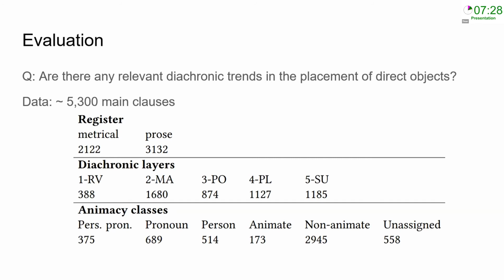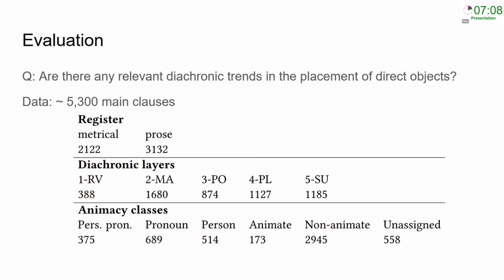So we took the placement of direct objects as one sub-problem from this field, and we assessed what the data from the Vedic treebank can contribute towards its solution. In total, we extracted about 5,300 verbs in main clauses and their direct objects.